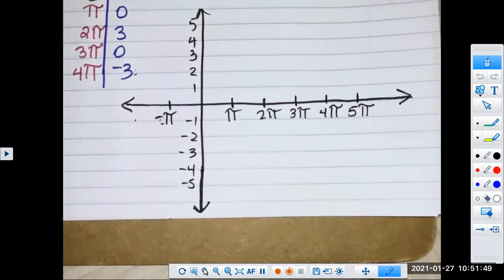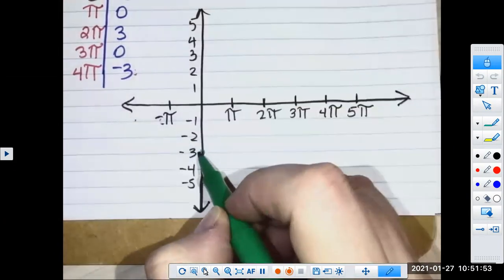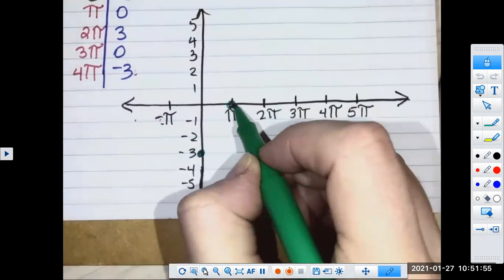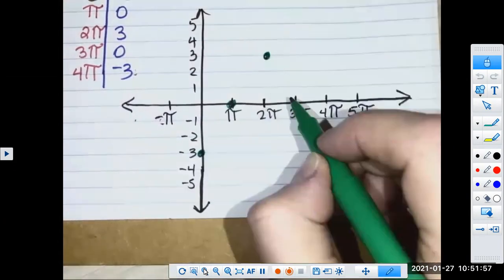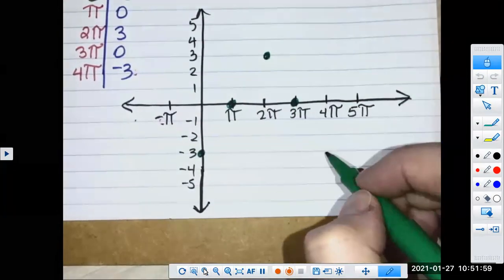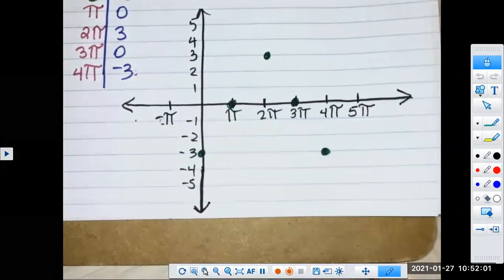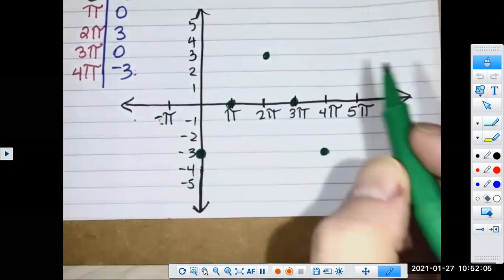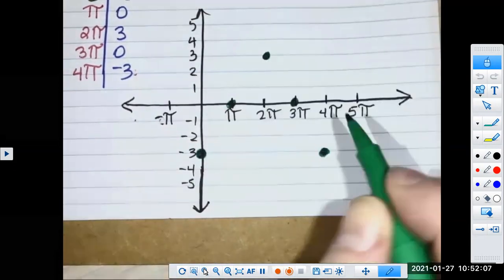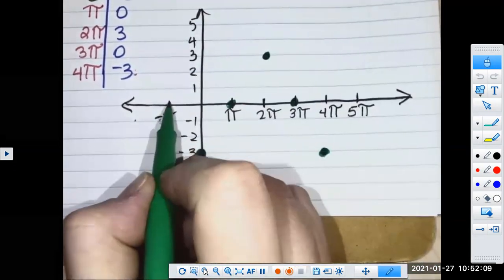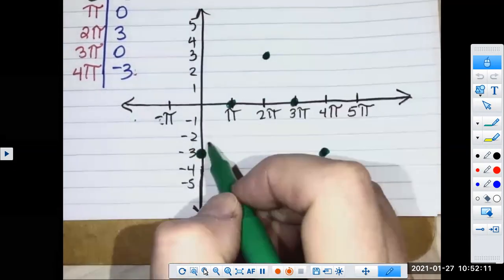Okay, the first thing, let's graph our cosine curve. So 0, -3, pi 0, 2 pi 3. And since they wanted me to draw it between negative pi and 5 pi, I just follow the same pattern. So this curve is going to come back up.